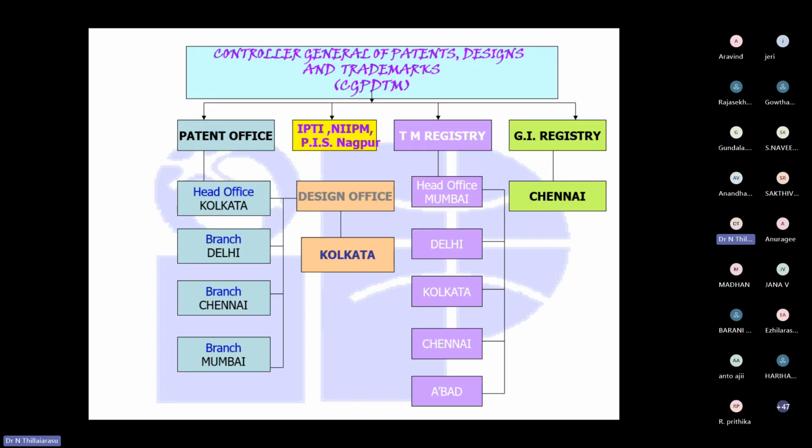If you clear it, there are so many patent firms, and corporates also, where it is possible to get a job. Otherwise you can run your own office, or work with any patent office, like in a university or college.